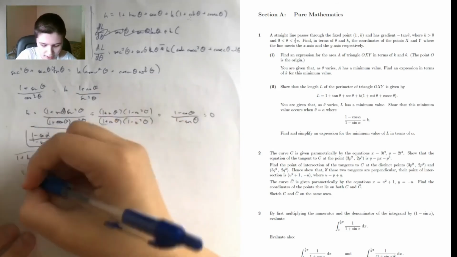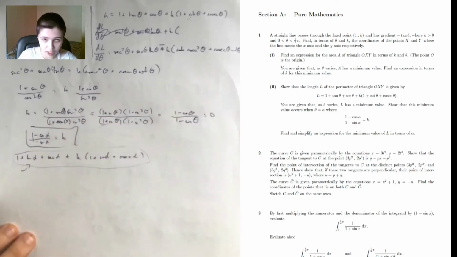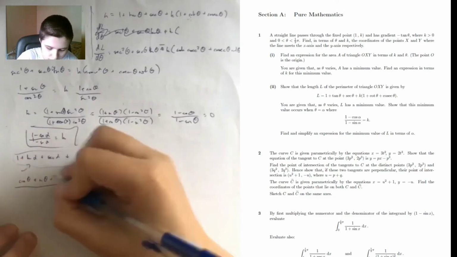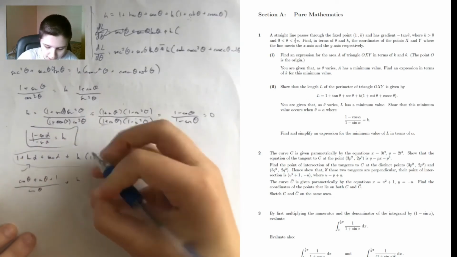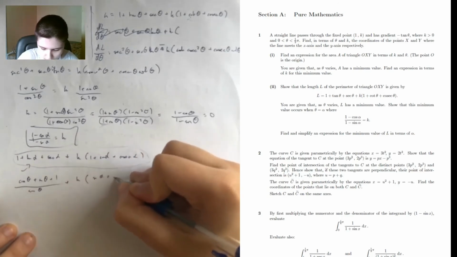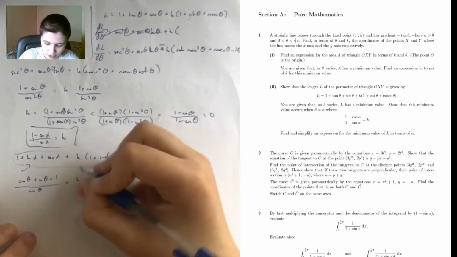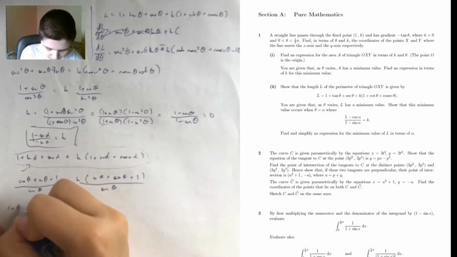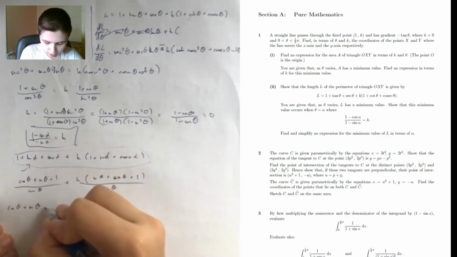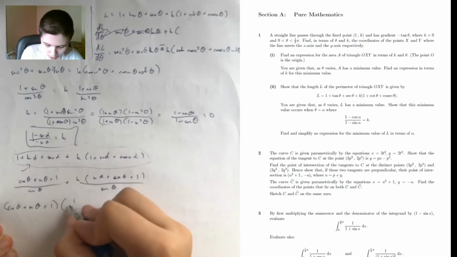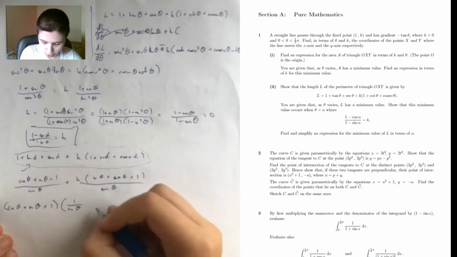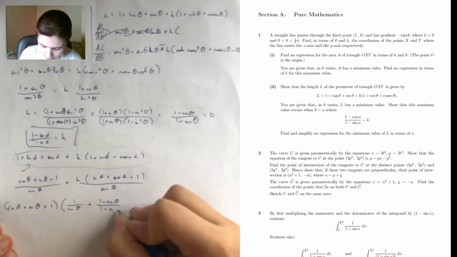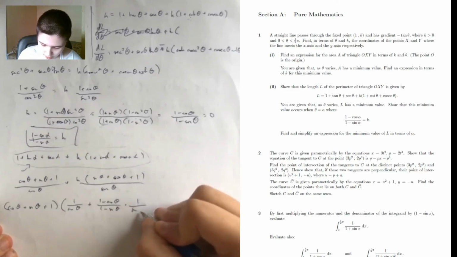And to do that, I'm just going to say that this is something all divided by cos, so that's going to be cos theta plus sine theta plus 1 over cos theta plus k times sine theta plus cos theta plus 1, all divided by sine theta. This gives me cos theta plus sine theta plus 1 times 1 over cos theta, and here I'm going to introduce k, plus 1 minus cos theta over 1 minus sine theta times 1 over sine theta.